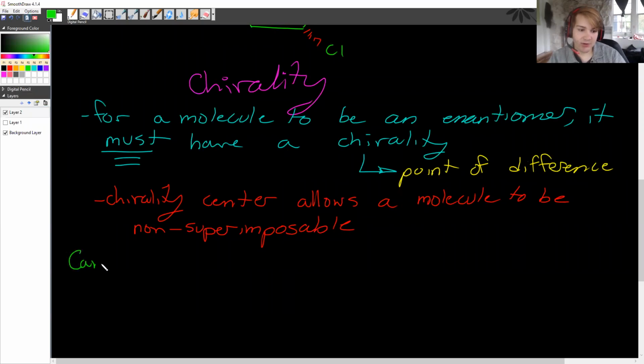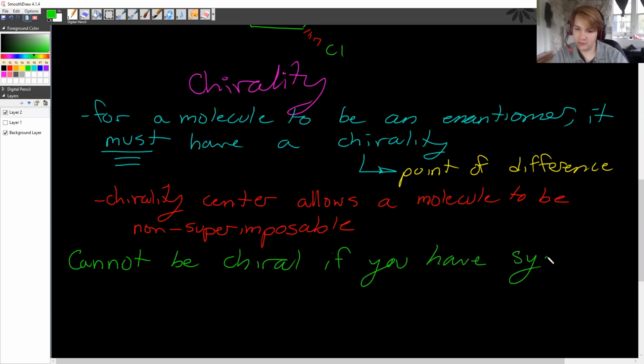You cannot be chiral if you have symmetry. If you are symmetrical, you are unable to be chiral, okay? And if you are not chiral, you cannot be an enantiomer or a diastereomer.